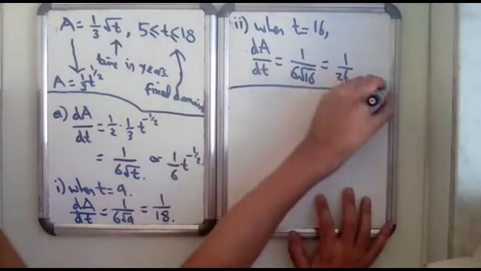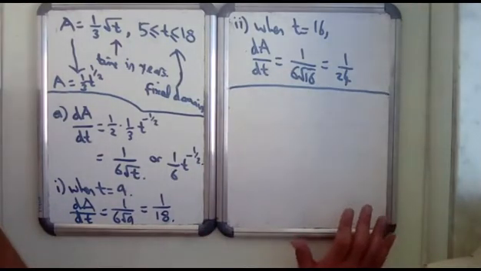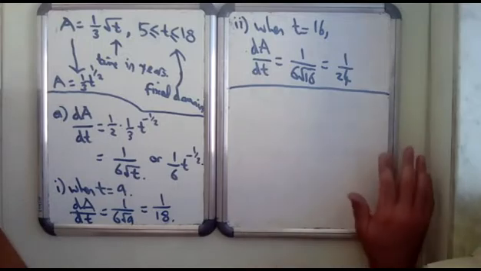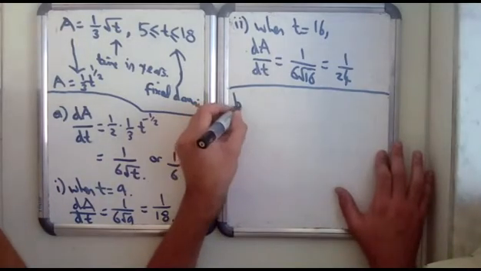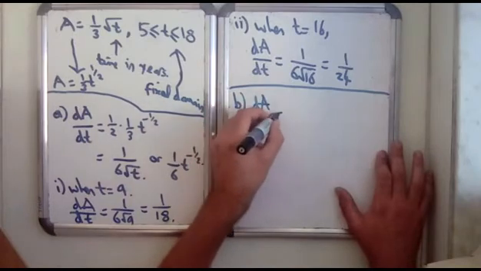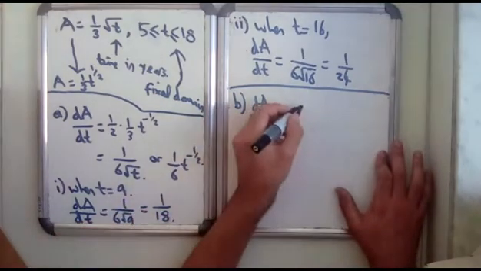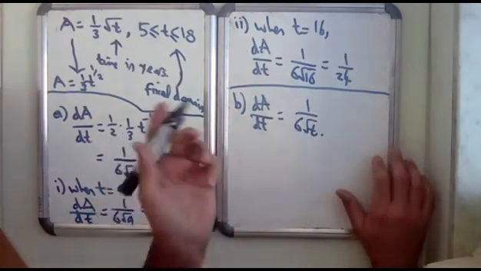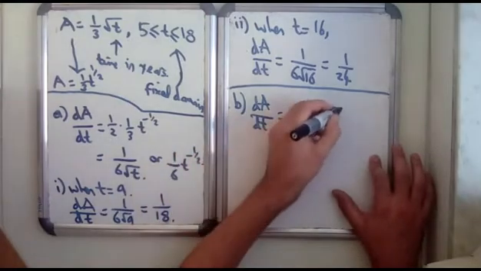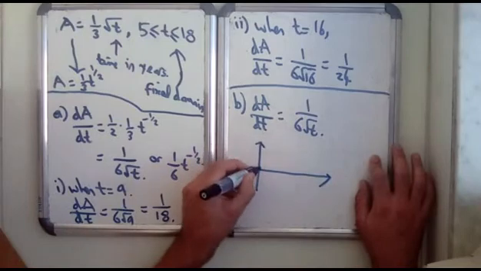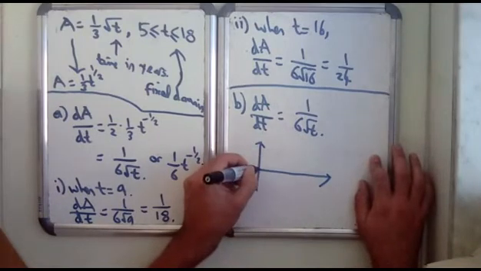Right, so now we're on to the next part. B, explain why dA by dt is greater than 0 for all t from 5 to 18. So we know that dA by dt equals this 1/6 root t. Now root t as a function looks kind of like that, with the square root of 0 being 0, square root of 1 is 1, square root of 4 is 2.